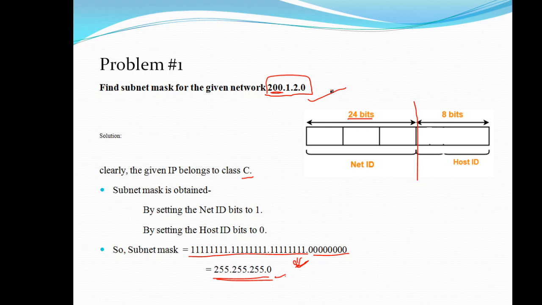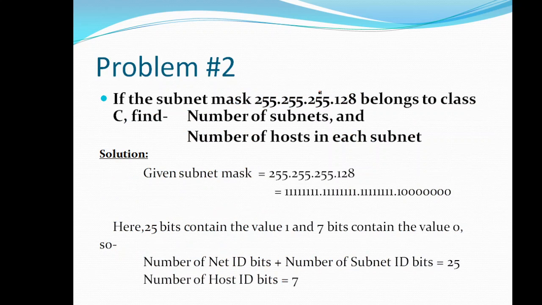Now in another case, here is a problem where they give the subnet mask and also say which class this subnet mask belongs to. We need to identify the number of subnets and the number of hosts in each subnet. So we need to find the number of subnets existing in the given subnet mask and the number of hosts in each subnet.